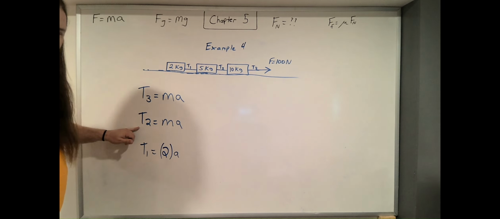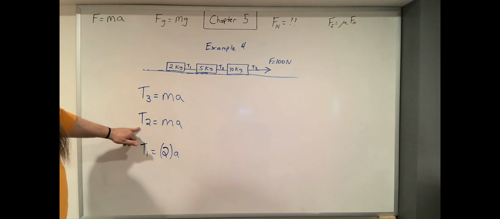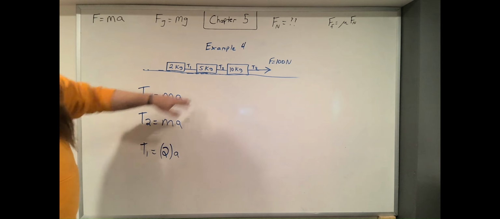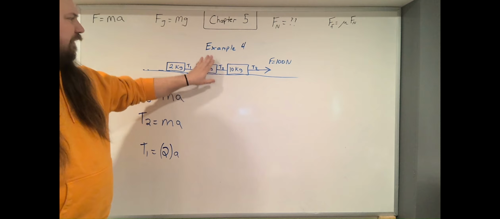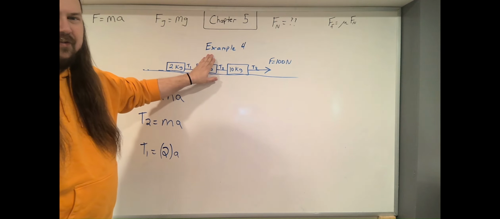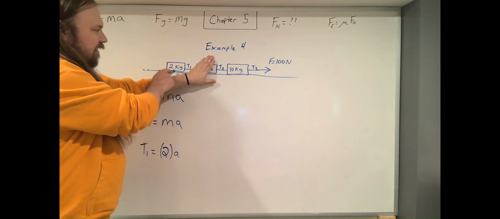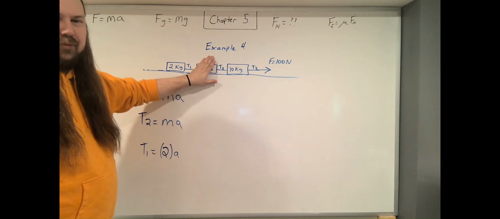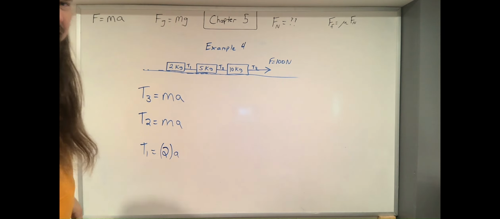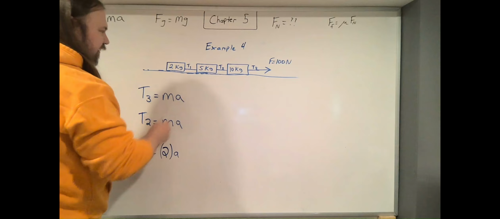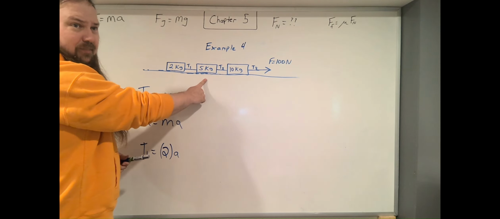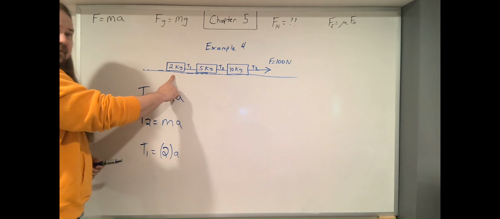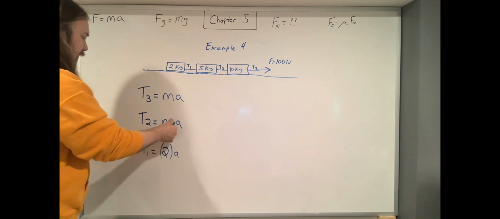How about T2? What is causing the tension in T2? You might want to say, well, it's the 5 kilogram mass. That's what's connected. But even if the 5 kilogram mass wasn't there, you would also have this 2 kilogram mass getting pulled. Okay, so what is happening on T2? What is causing all that tension on T2? It has to pull 5 kilograms, and in effect, it also has to pull another 2 kilograms.